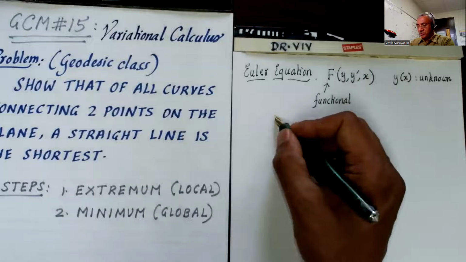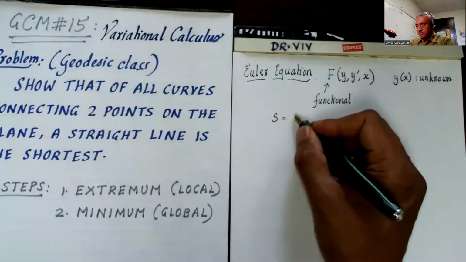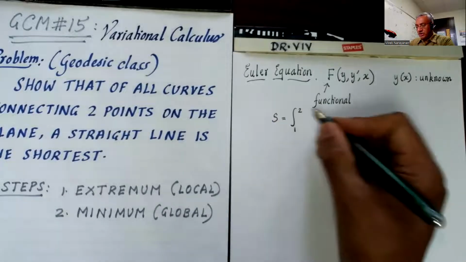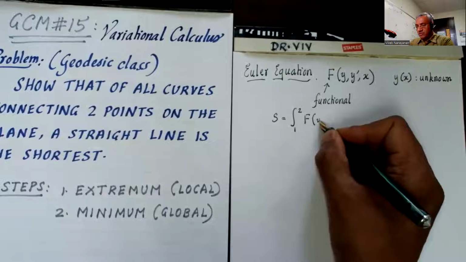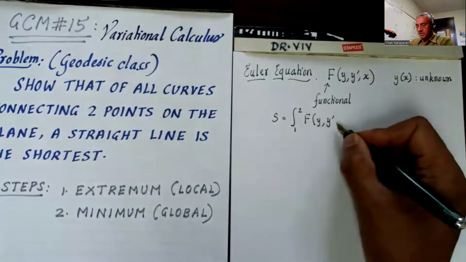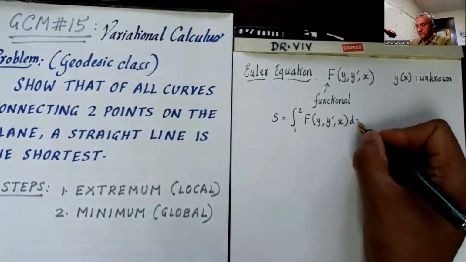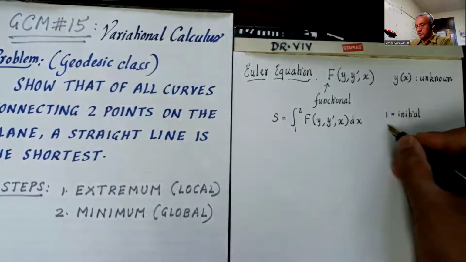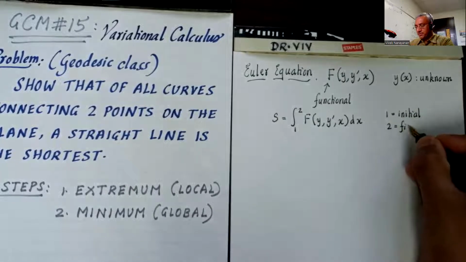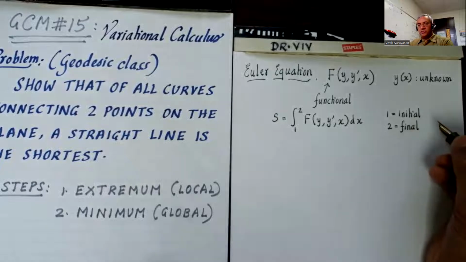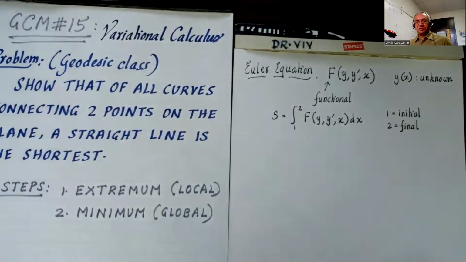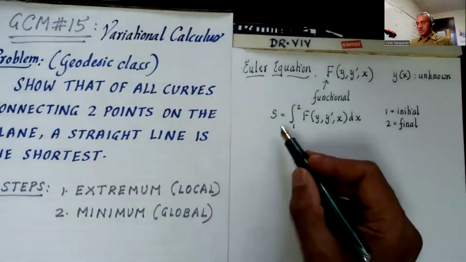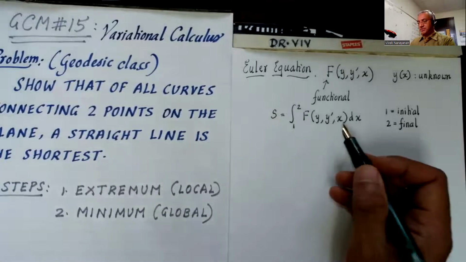So Euler asked the question, let S be equal to the integral from 1 to 2, capital F of y, y prime, x, dx. Here 1 is the initial point, and 2 is the final point. So what we're trying to ask is find the function y of x such that this is extremized.